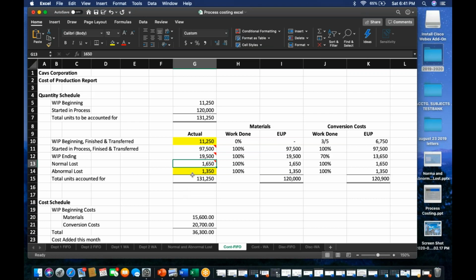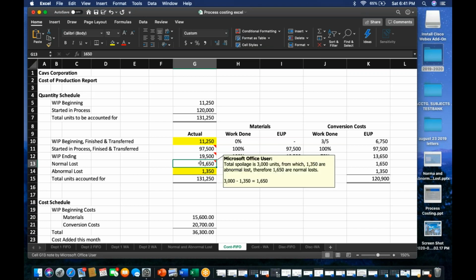So therefore, yung difference ng dalawa, 3,000 and 1,350 is the normal loss. Okay? Total spoilage is 3,000 units, from which 1,350 are abnormal. So therefore, 1,650 are normal loss.